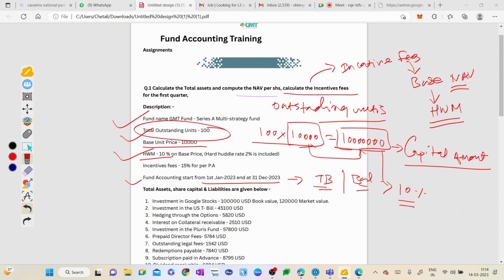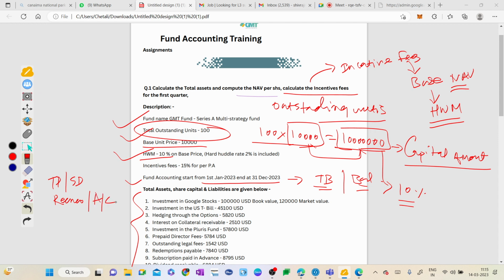We have the basic details to compute the total assets as well as the net asset value per unit. We have a few transaction details. See guys, this comes under trade processing or transaction processing, pricing. All these activities come under trade processing, settlement, even reconciliation, right? Then accounting entries preparation.